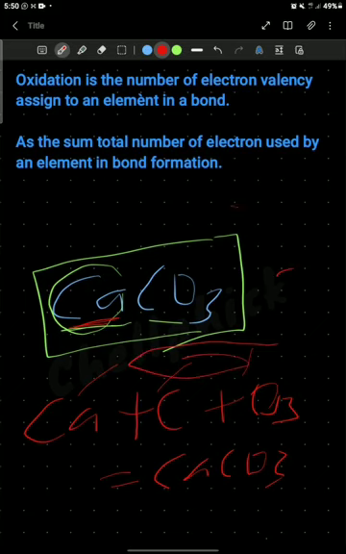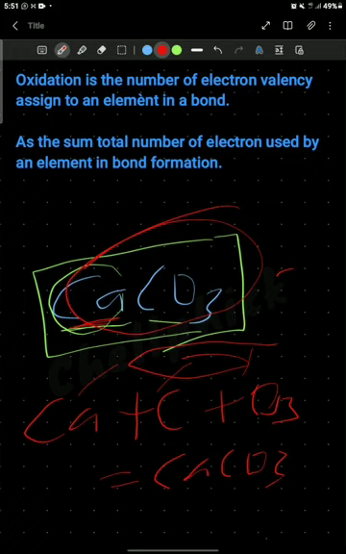Each one of these elements donates electrons so as to form this compound, because there has to be a chemical bond before a compound can be formed. For every compound formation, there is a chemical bond that holds them together.